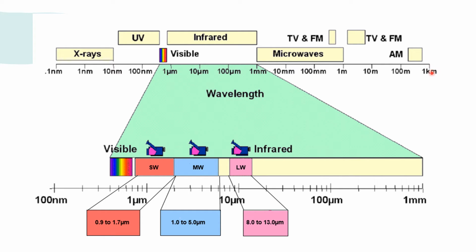In between 1 meter and 10 meters, the frequency lies on TV and FM, and the AM band lies at longer wavelengths.